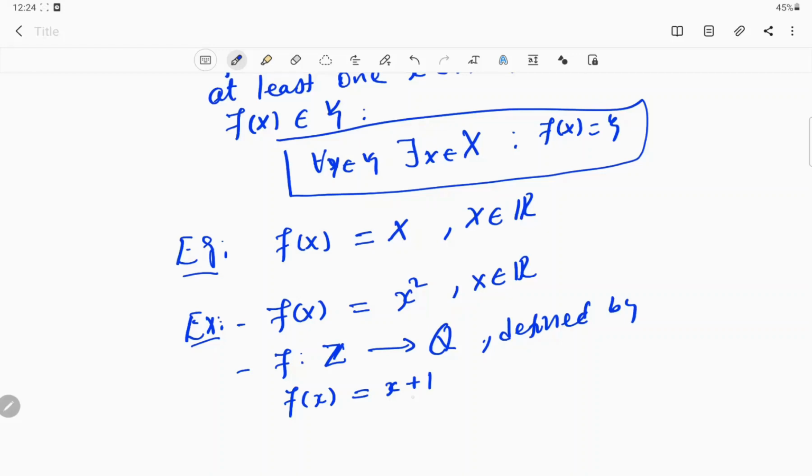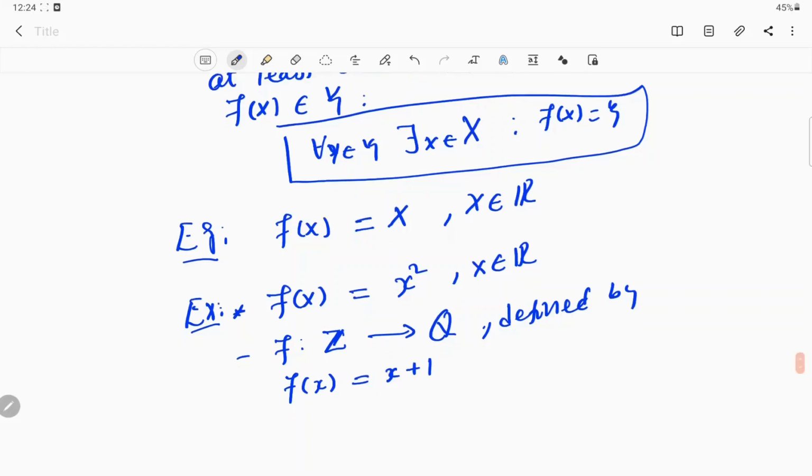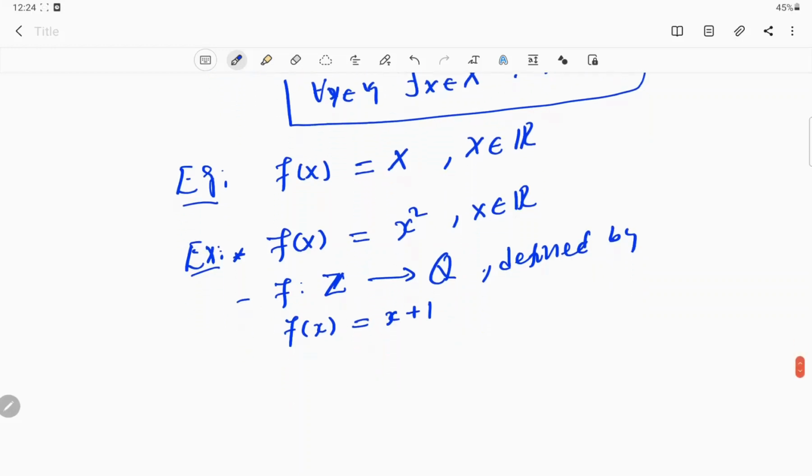So is this function an onto function? Try this one as an exercise and please write your answer under the comments. So let's do this one.